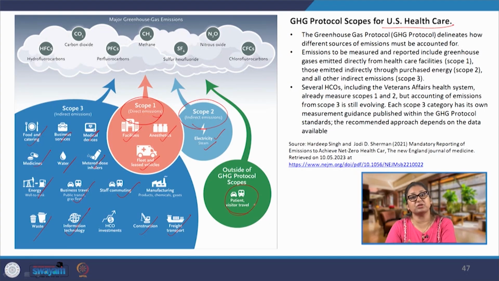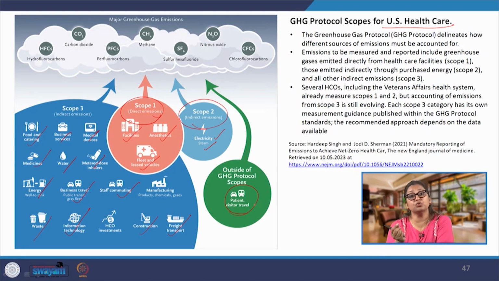So, sometimes the patients will be traveling on their own to reach the medical facility. So, they have identified this, which is not falling under scope 1, 2 and 3. In fact, it is not part of the scope of the group here US healthcare, but yet they have identified it, and once they have identified, they will be also going ahead with the measurement protocol.